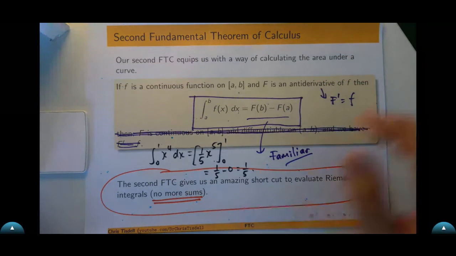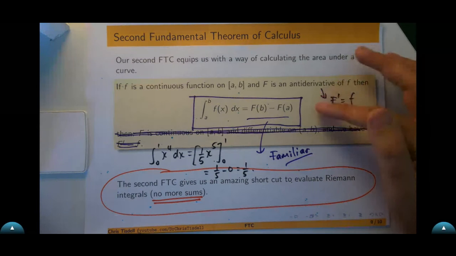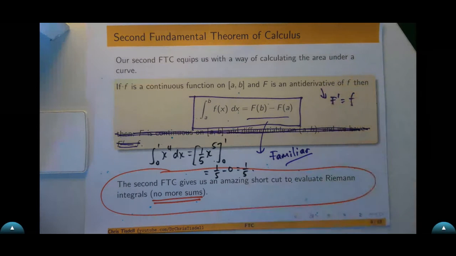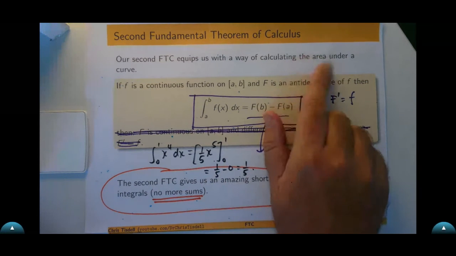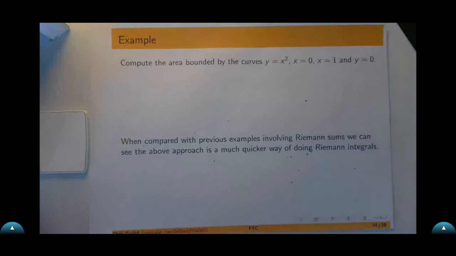Okay? So where do you see this kind of second fundamental theorem of calculus? Well, you see it everywhere, including when you're calculating area under a curve. Okay, so let me talk about a real simple example here, where we calculate area under a curve.